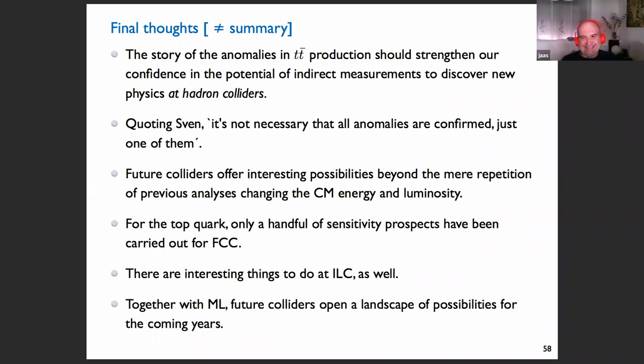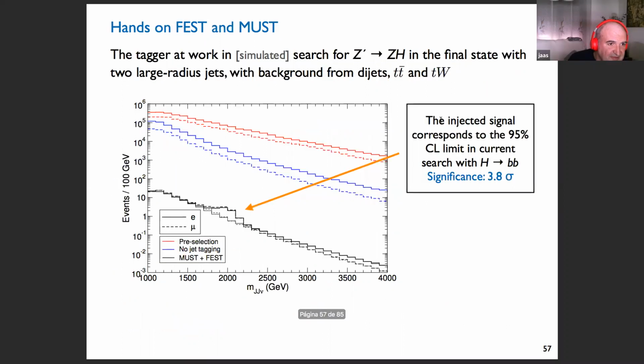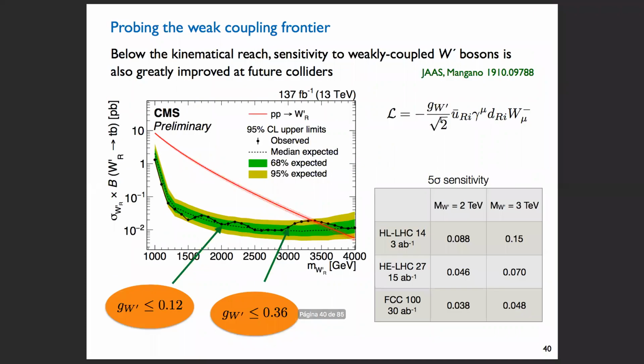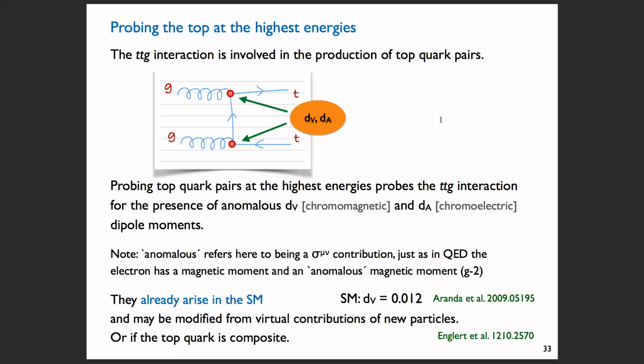Yes, hi, Juan Antonio. I am curious about one thing. Coming back to your anomalies studies in top anti-top production. Most of the anomalies that you were mentioning use the semi-leptonic decays of the top and anti-top, where you make profit of the information which is very clean from the leptons that come from the decays of the top.